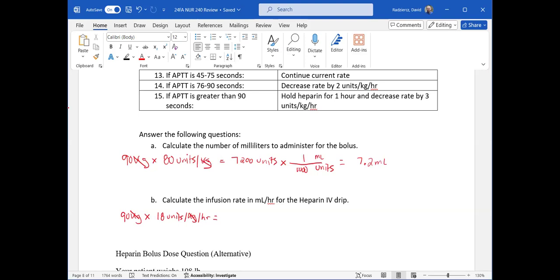So 90 times 18 gives me 1,620, and that's units per hour. And then we're going to convert units per hour to milliliters per hour.